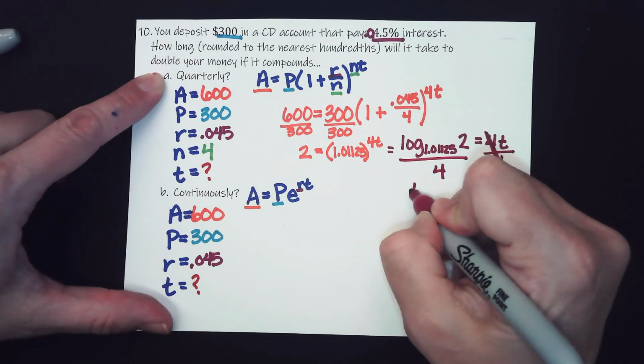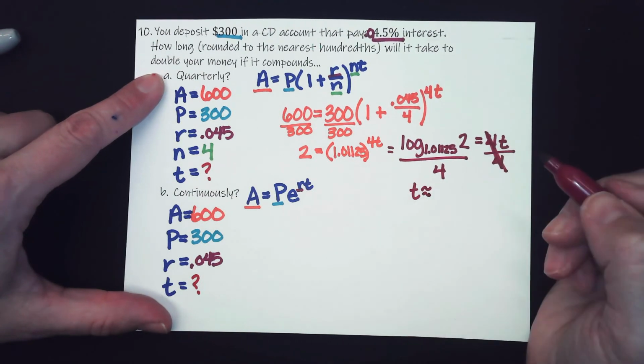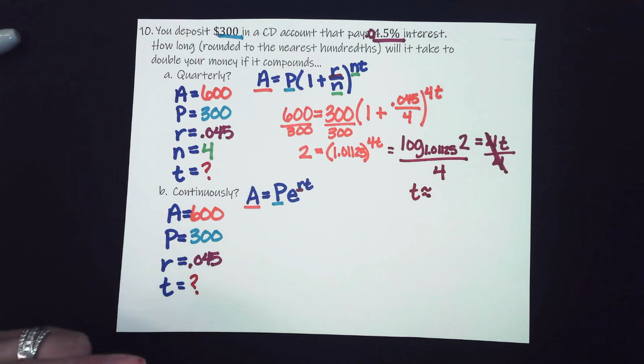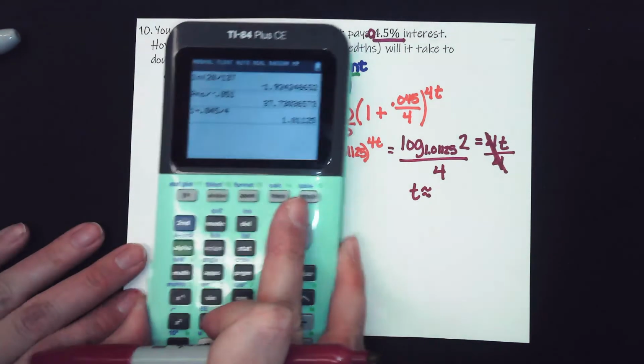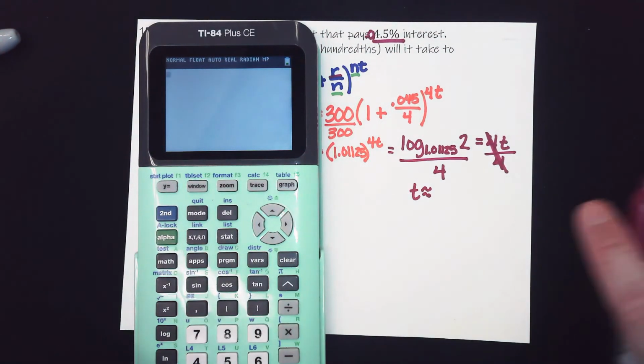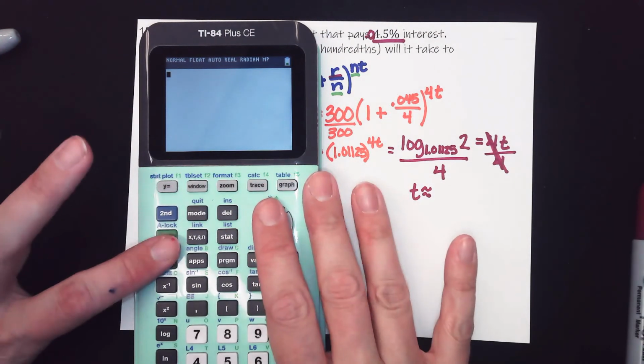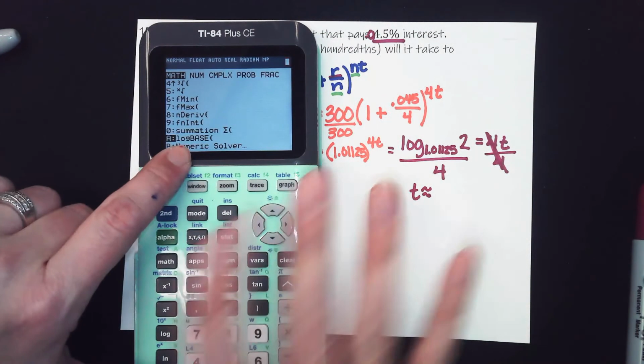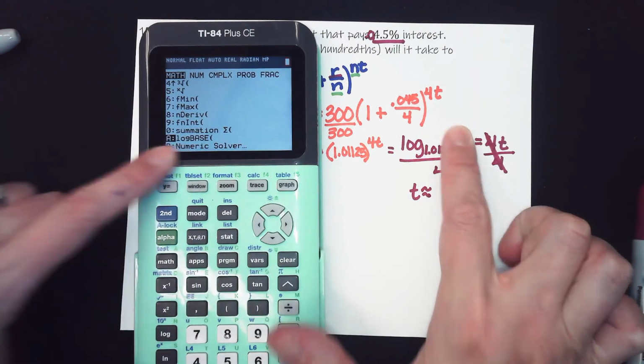So I get that t is going to be approximately, and I'll probably end up rounding this, but let's see here. So I'm going to get this log. Remember, if you have the log base, go ahead and type in that exact log there.